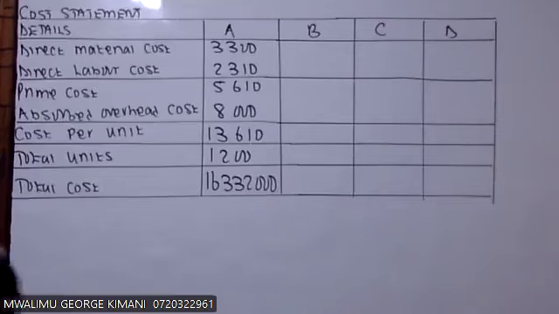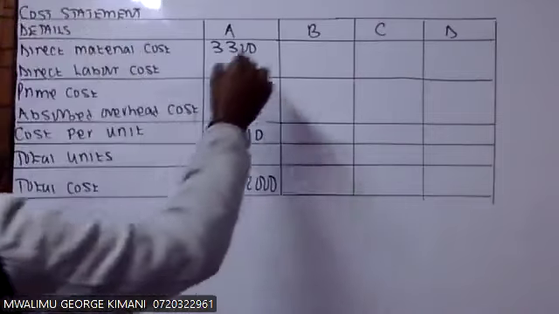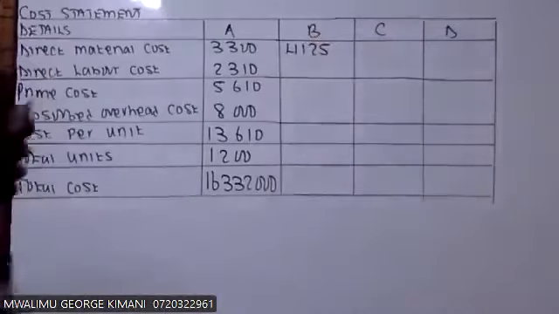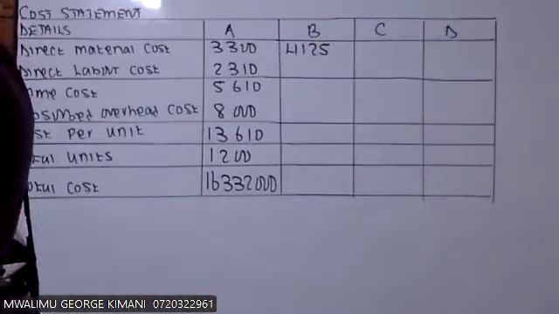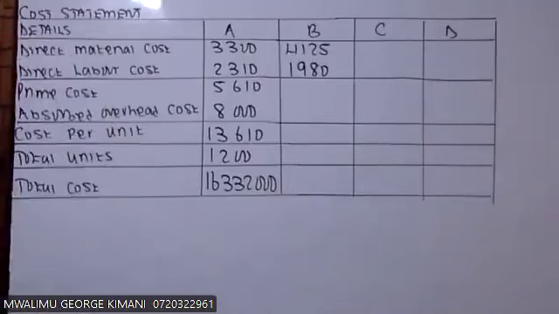We do the same for B. For B, we have 4125 and 1980. So add these two, $6105.